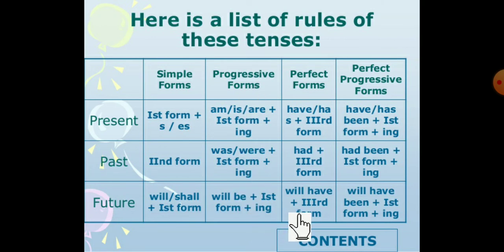Next, future perfect tense, will have plus third form of the verb, because all perfect tenses take the v3 form. And in the future perfect continuous, will have been plus first form of the verb plus ing.